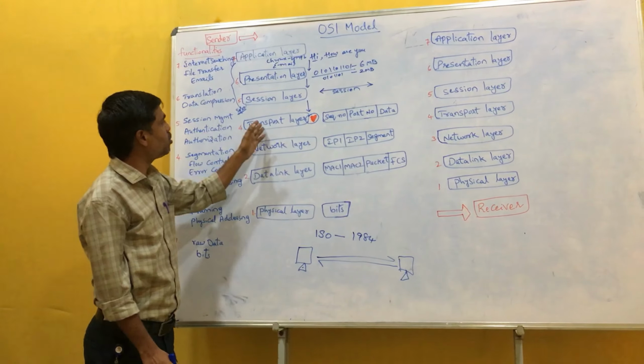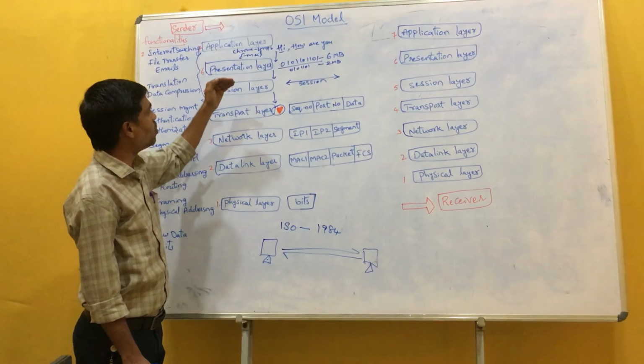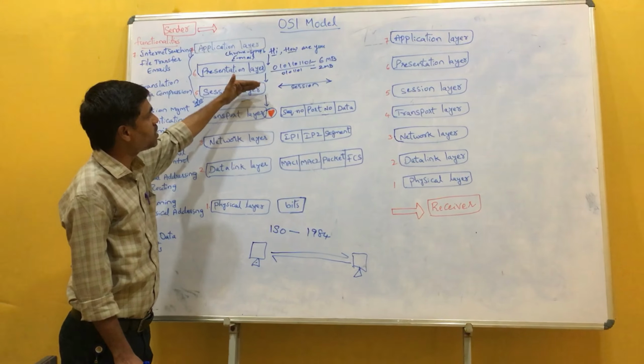So once the session layer is completed, we move to the transport layer here. The main functionalities in the transport layer are segmentation, flow control, and error control. Segmentation plays a very important role here. The session layer gives the information, once it is completed, to the transport layer.